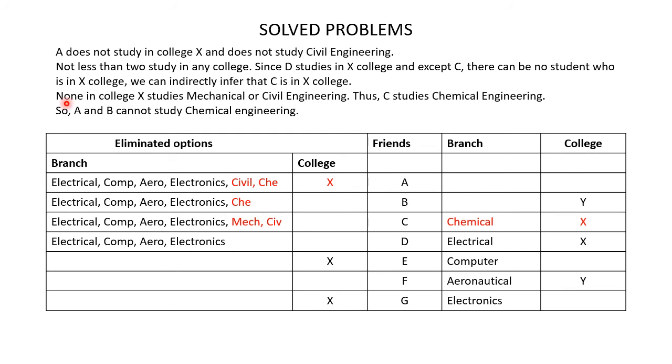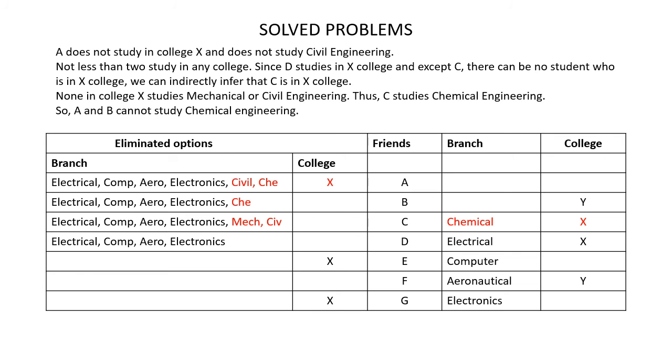None in college X studies mechanical or civil engineering. Now the ones in college X are C and D. So we already know that D studies electrical engineering. So for C, mechanical and civil engineering is eliminated. Now the only subject left for C to study is chemical engineering.